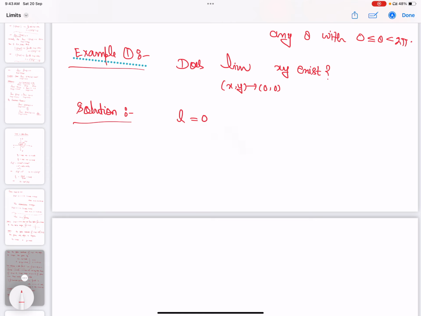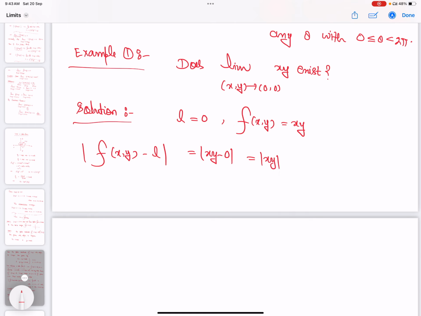So f(x, y) here is xy. f(x, y) minus L is xy minus 0, that is xy. So put x equal to r cos theta and y equal to r sin theta. We get r square cos theta sin theta.